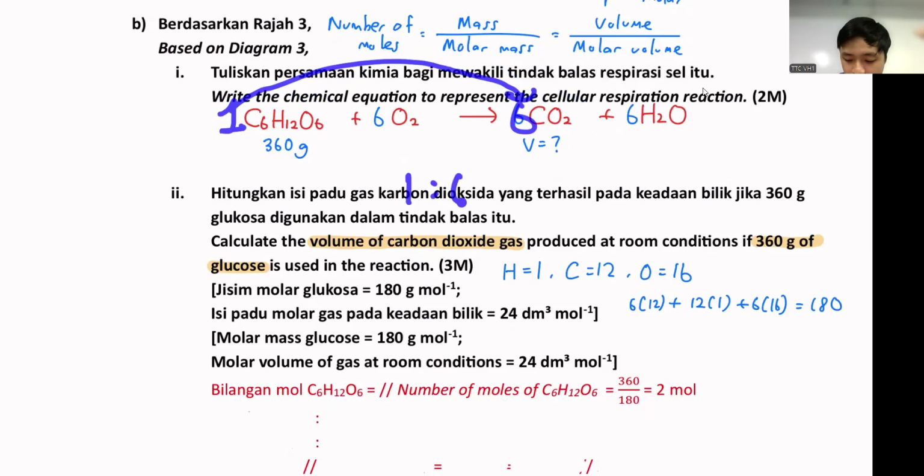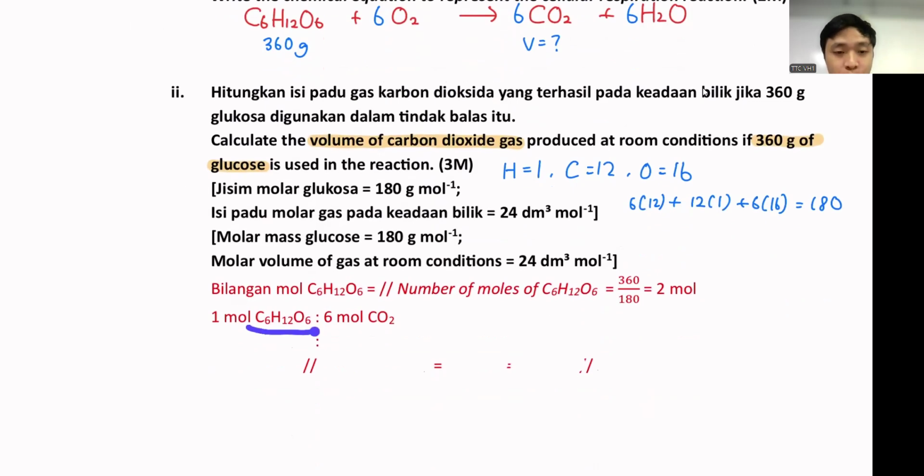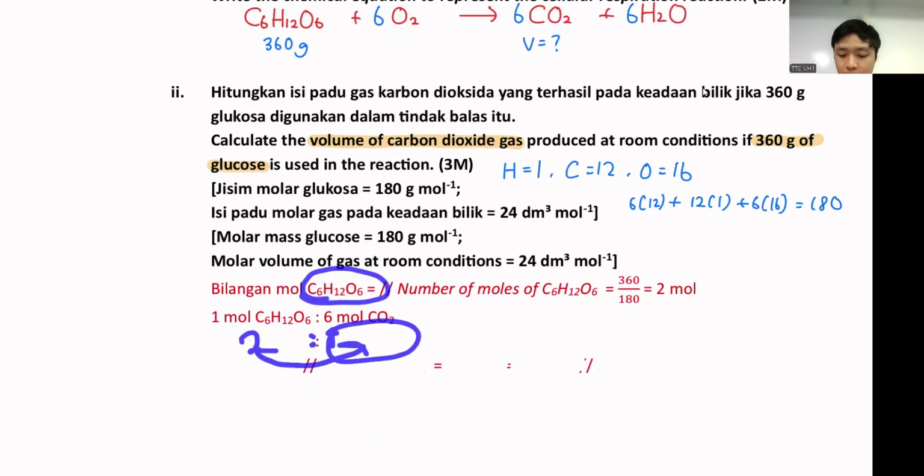The ratio is 1 to 6. 1 mole of C6H12O6 produces 6 mole of CO2. 1 multiplied by 6 becomes 6. So if you have 2 mole of C6H12O6, 2 times 6 becomes 12.